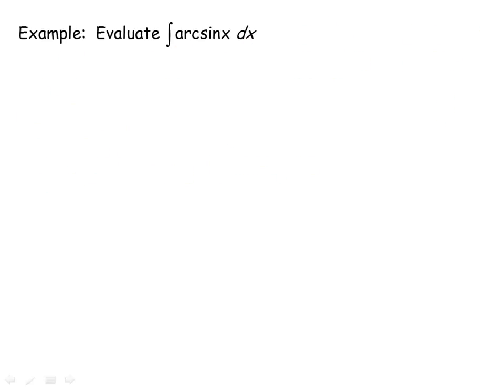Okay, so let's go back to chapter 8. Get your chapter 8 formula page out. For this one, you have 2 parts. You have your sine inverse x, or arc sine x, same thing. And you have dx. So we need to choose u, and we need to choose dv.